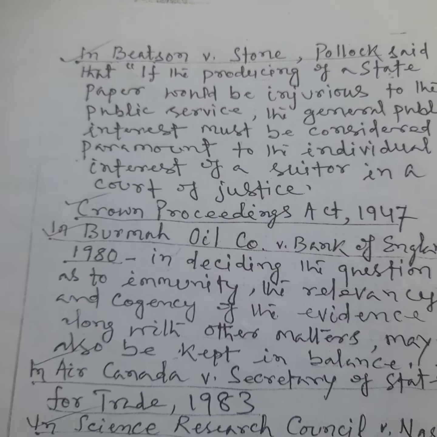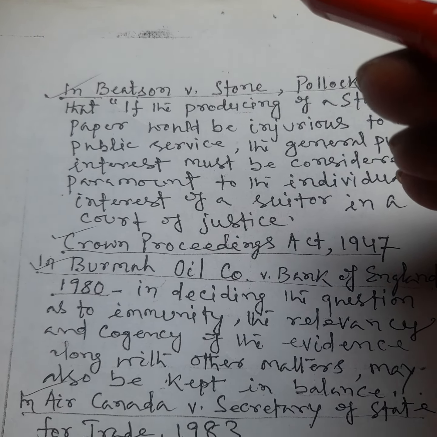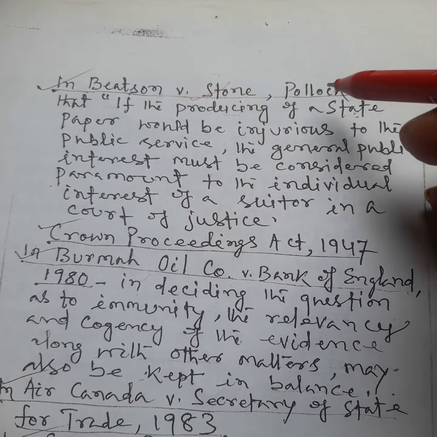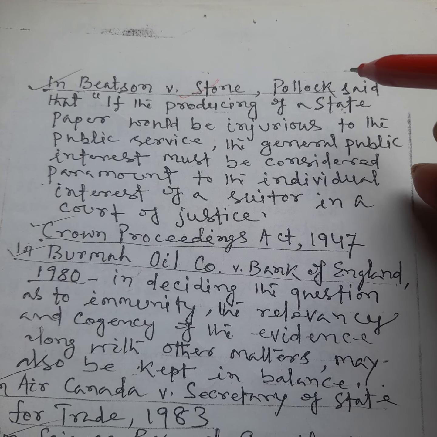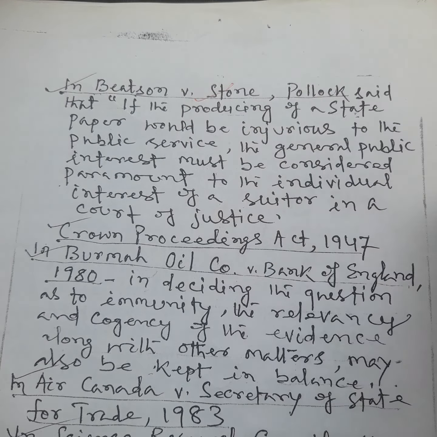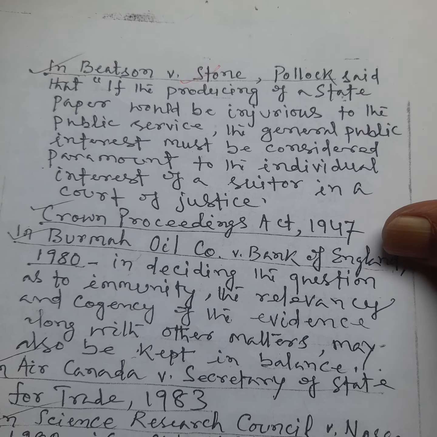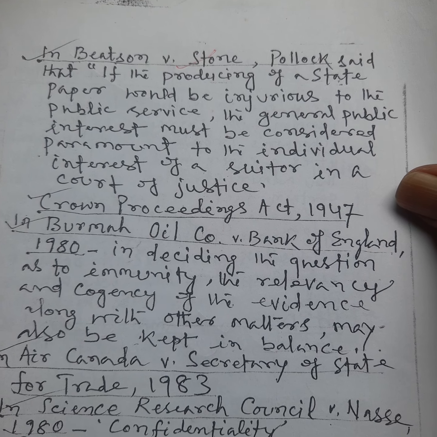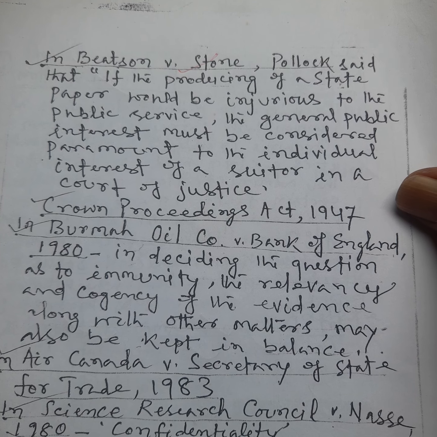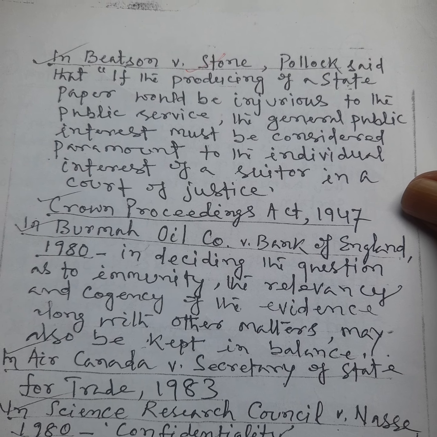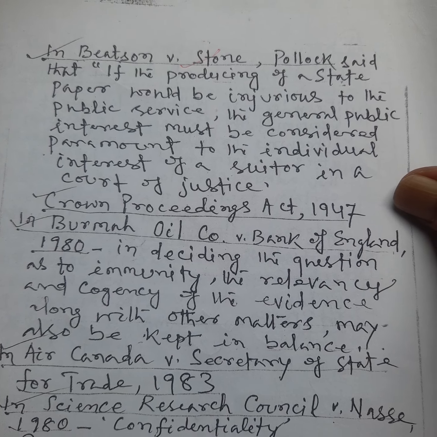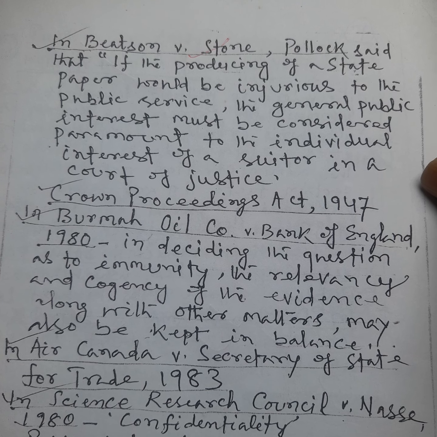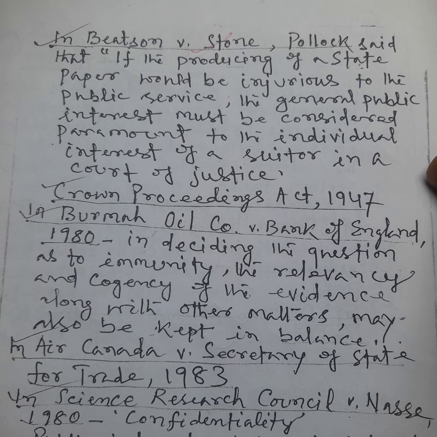So also in another leading case, Robertson versus Stone, Professor Pollock said that if the production of a state paper would be injurious to the public service, the general public interest must be considered paramount to the individual interest of a suitor in a court of justice.